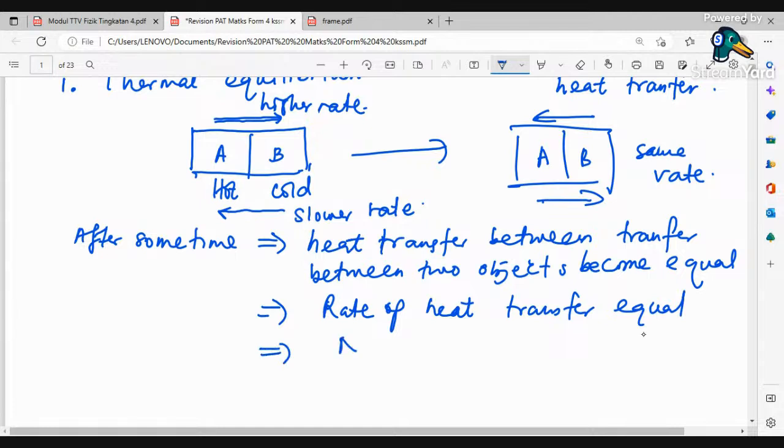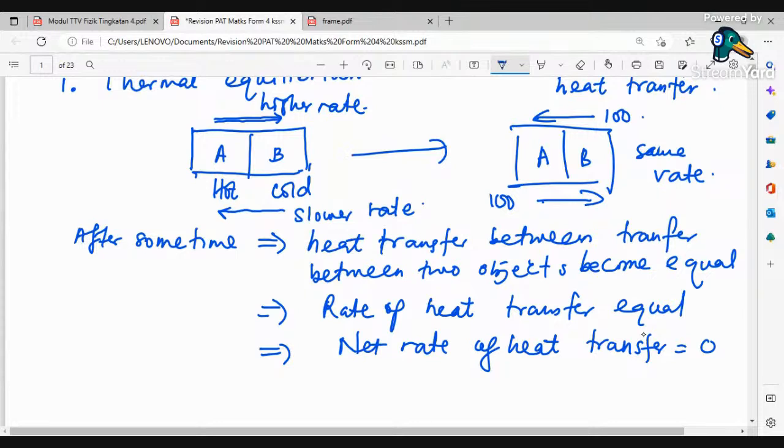When you calculate the net rate of heat transfer, it is zero. Do you understand what this means? Net, let's say from A to B is 100 joule per second, B to A also is 100.